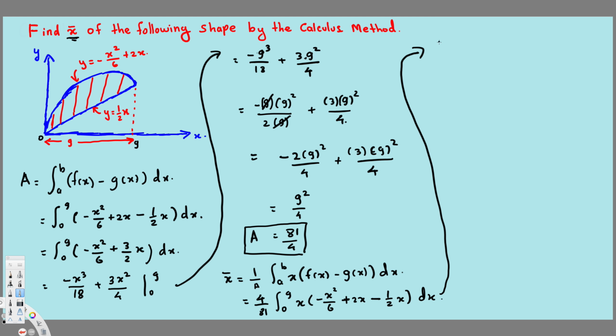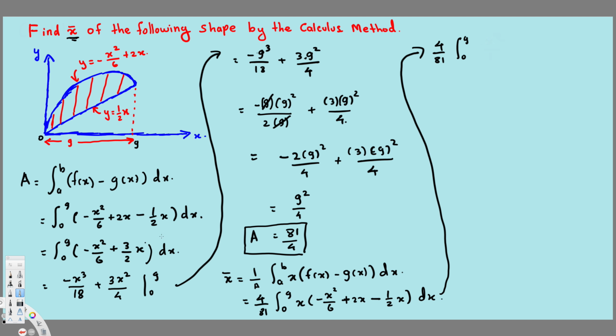We have 4 over 81 going from 0 to 9, and let's multiply everything by x. So the first one is going to be negative x cubed divided by 6. The next one, we can do the same thing like we did before. Let's do the simplification first and then do the multiplication.